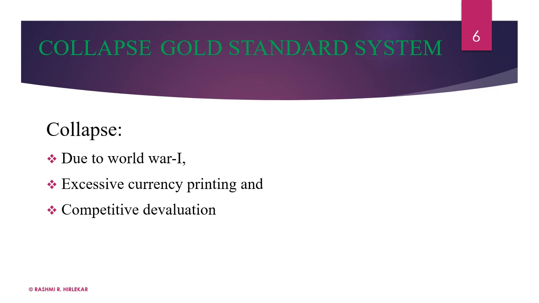For becoming more competitive, for more export, more trade, more surplus, and more gold. The result was one by one countries started disregarding its rule, and classical gold standard could not sustain, and classical gold standard collapsed.